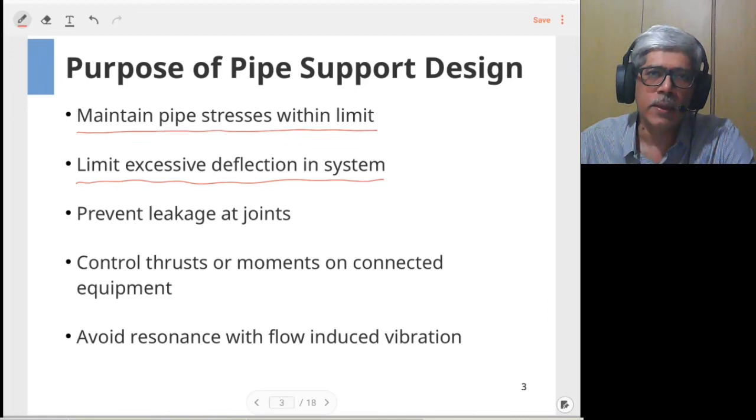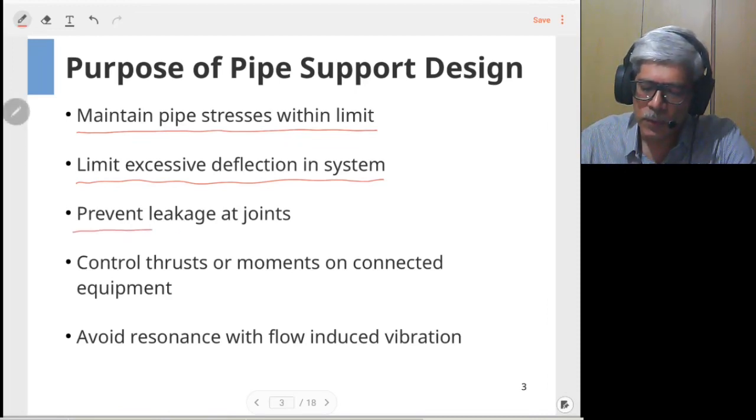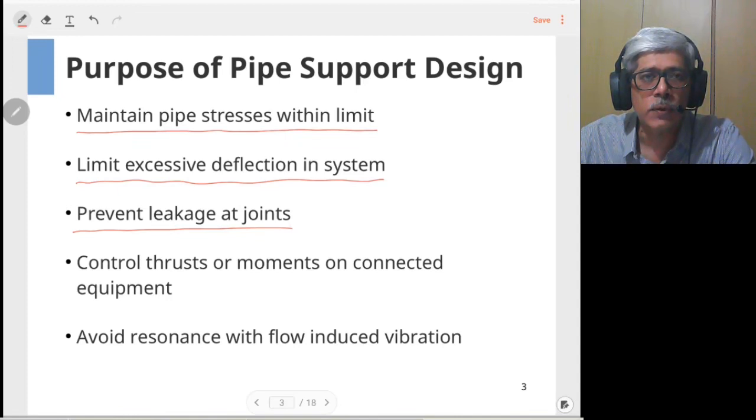At those joints, if the rotation is more than what the flange or a bolted joint can take, you can have leakage. So supports also have to be provided in order to prevent rotation of flange joints. That is one more reason why we need to provide the piping supports.